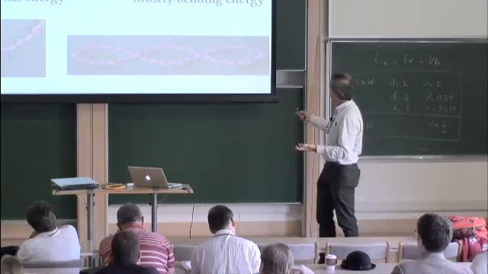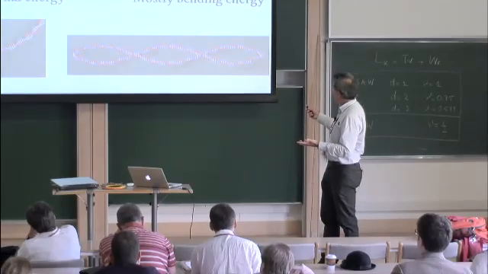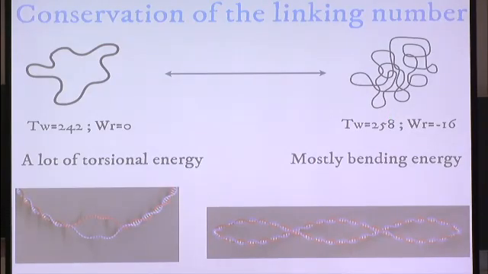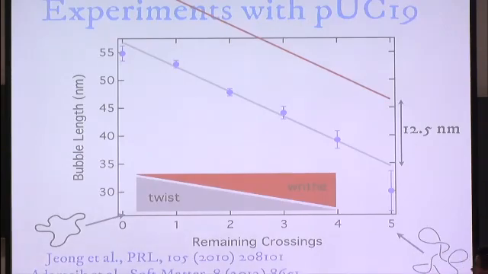But if crossings are left, then it will be in the B form, very happy, and will not open any bubble. So we looked at the whole plasmid. We measured a few hundred molecules, measuring the bubble length as a function of the remaining crossings.